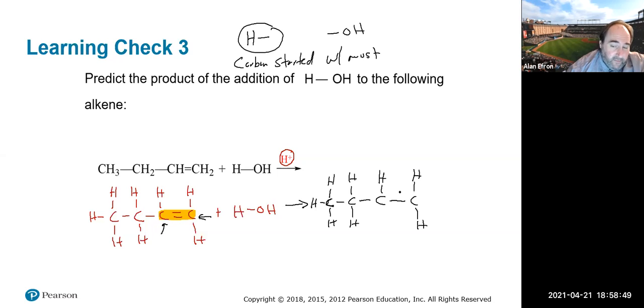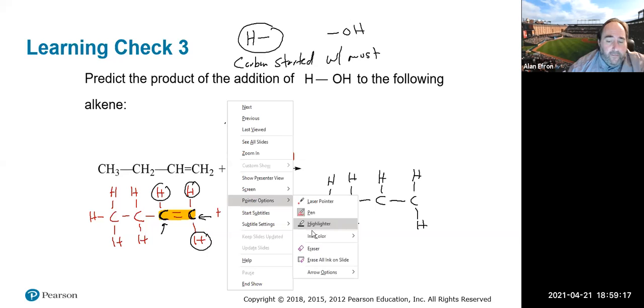Attached directly to this carbon is one hydrogen. Attached directly to this carbon is 1 and 2 hydrogens. So this rule says that the hydrogen will end up at the carbon that started with the most, which means when we put that hydrogen on, it actually should end up at the carbon on the right-hand side.